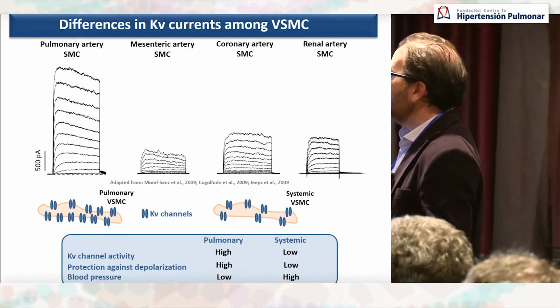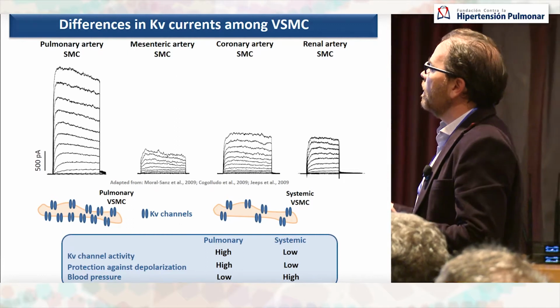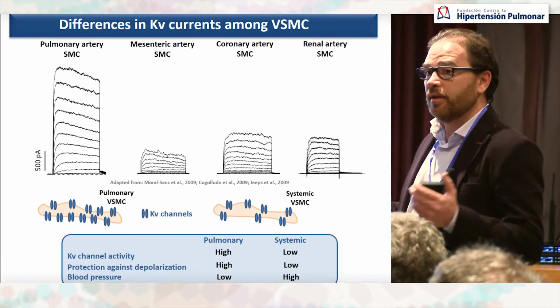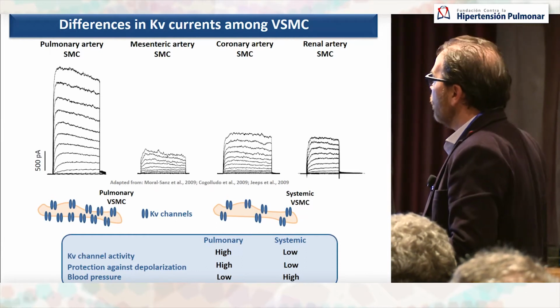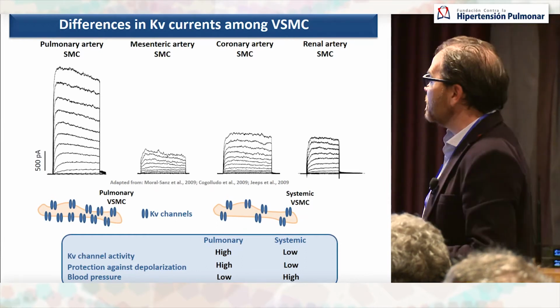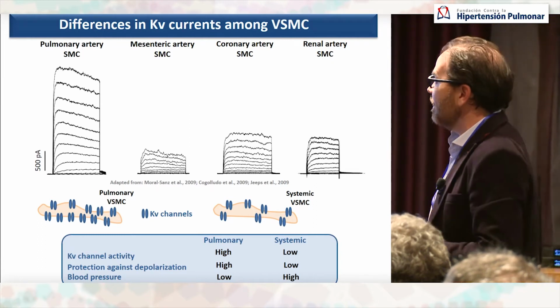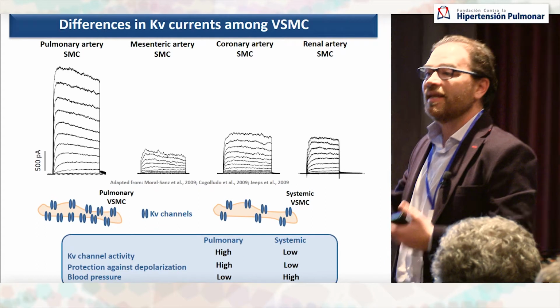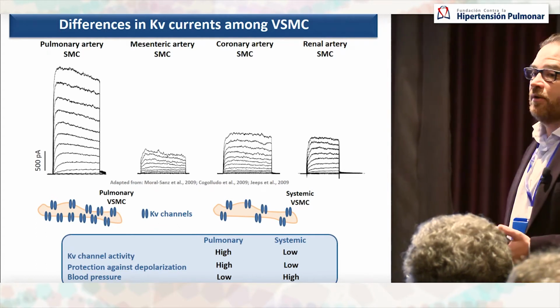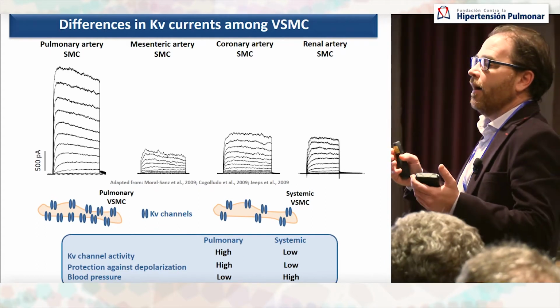Now, one important feature in the pulmonary arterial smooth muscle cells, if we compare with smooth muscle cells from systemic vessels, is that, as you can see, the potassium current is markedly increased in the pulmonary arterial smooth muscle cell. And why is this?